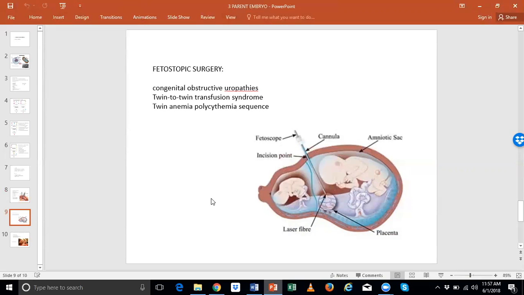Otherwise, it would just be a scope, which is essentially a steel rod, all sterilized, of course, thin, and that punctures into the amniotic cavity. And then through that rod, a number of things can be introduced, cannulas, and one of those cannulas could be a light, another could be a laser fiber. And with the laser, some cauterization can be done. What's cauterization? Burning, right? Sealing off.